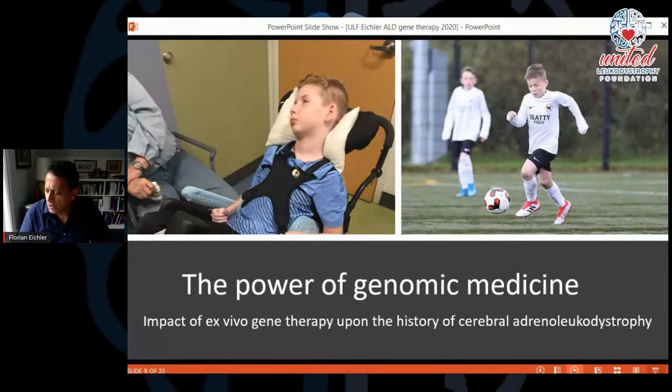While I would say the vast majority of boys I now see in clinic are highly functional and participating in day-to-day activities like other peers their age. And you can see here on the right is a boy who's playing soccer, whose parents sent me this picture in the fall, and he was the first boy treated with ex vivo lentiviral gene therapy, and it was a delight to see that. Next.